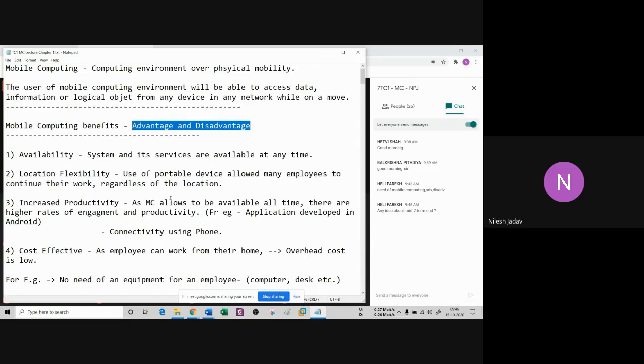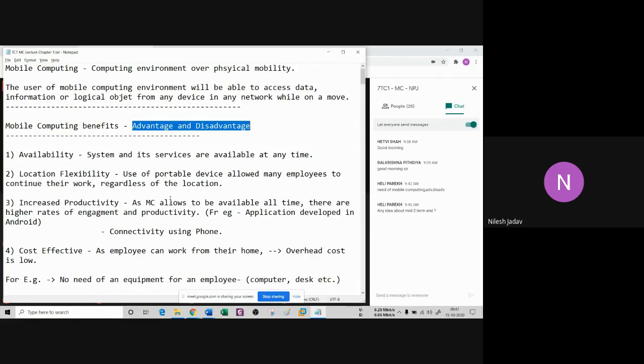Why? Because it is not something like a factory, where at 6 o'clock I need to pack up everything. It is a 24 by 7 ongoing running service. I can use it anytime, anywhere, right? That's why it will increase the productivity of any organization or any company. So there are high rates of engagement in that way.